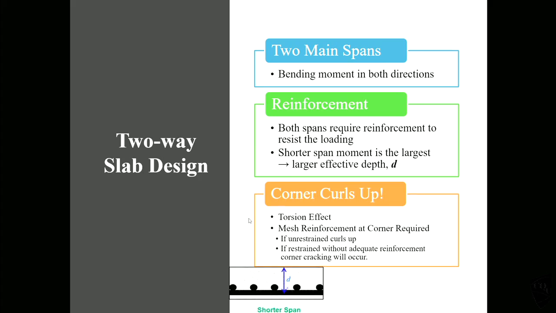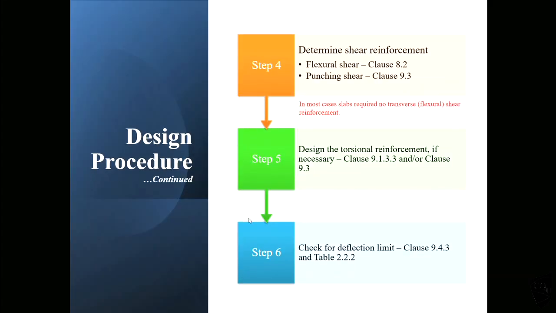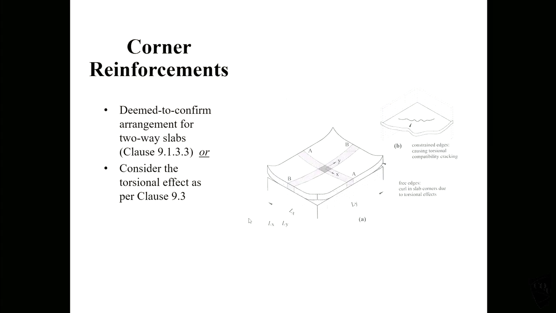So in the two-way slabs, you need to be a little bit careful because we need to provide the reinforcement in both directions. When you look at that one, we have both directions. As you see, the bending can happen in X direction and Y direction.